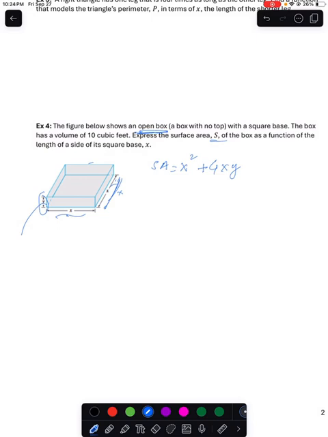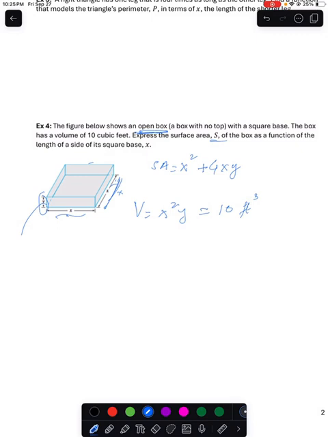So what is the volume of a box? Remember, it's length times width times height. So length is x, width is x, and the height is y. So we have x squared y, that is the volume. And we also know that this is equal to 10 cubic feet. By the way, you should know the units of these quantities as well.